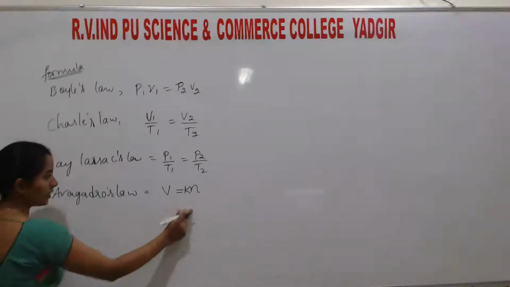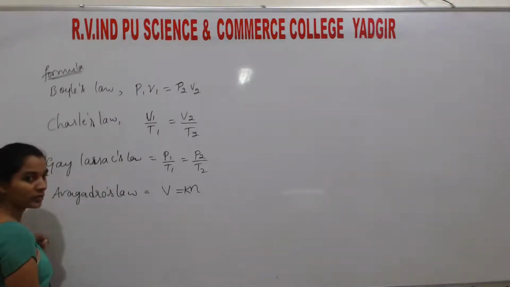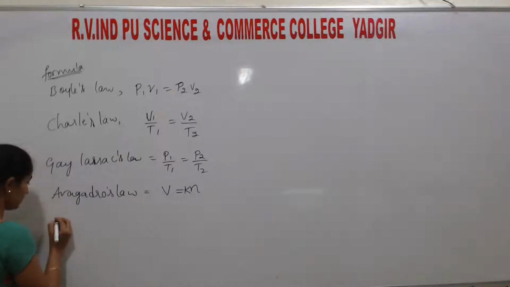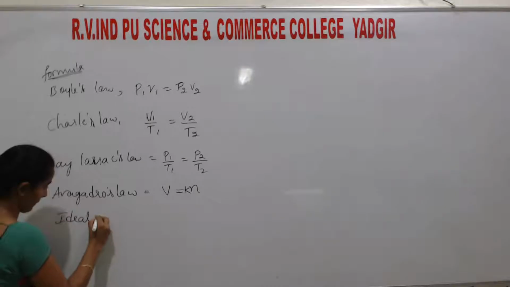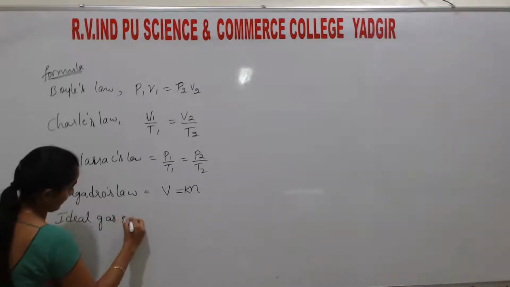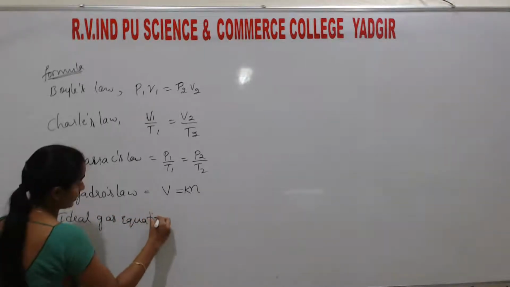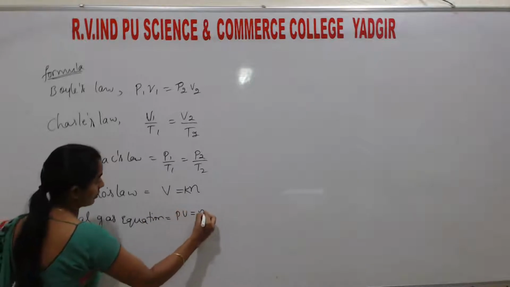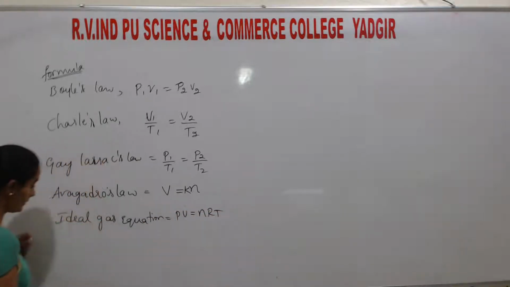Okay? n is the number of atoms or molecules or ions. Next, the ideal gas equation: PV is equal to nRT.